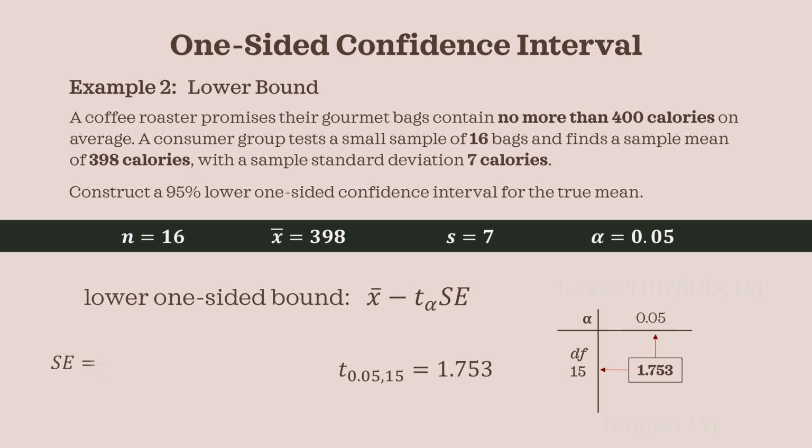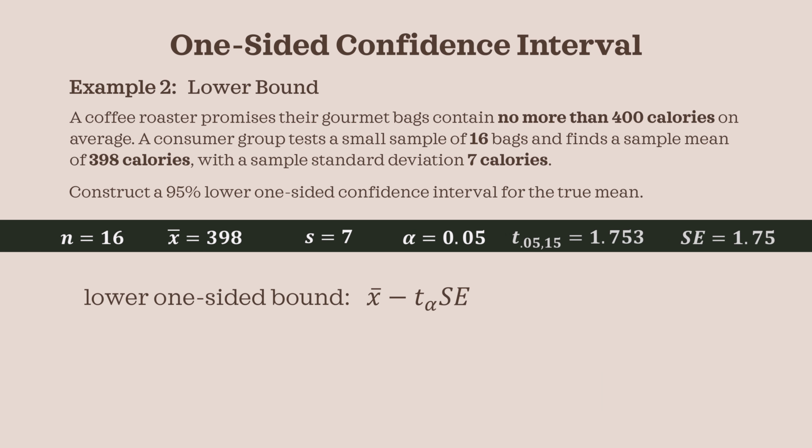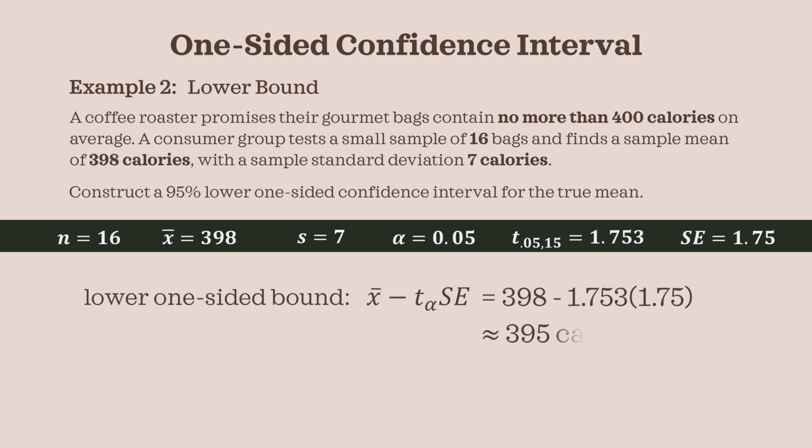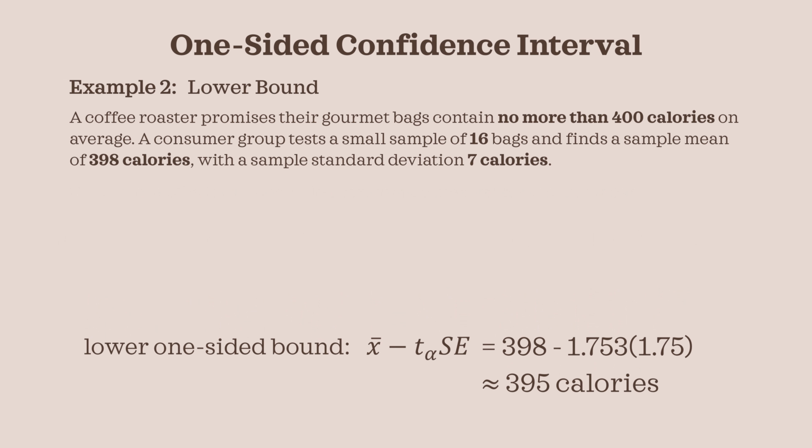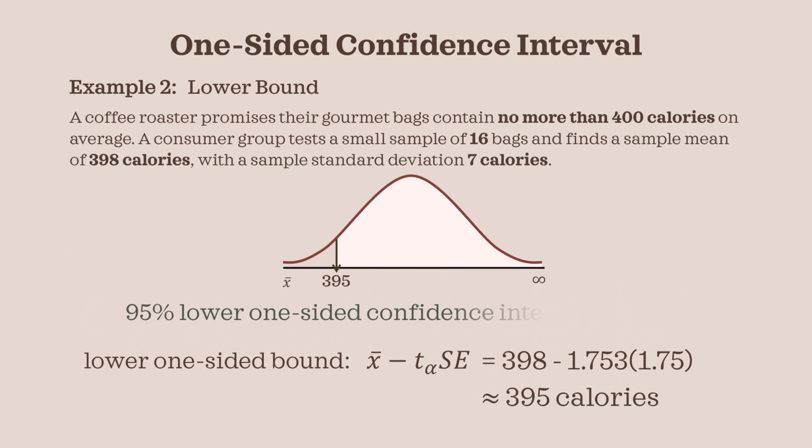The standard error SE is 1.75 calories. The lower one-sided bound is thus approximately 395 calories. The 95% lower one-sided confidence interval is therefore from 395 to infinity.